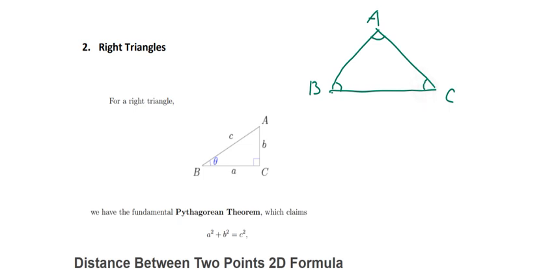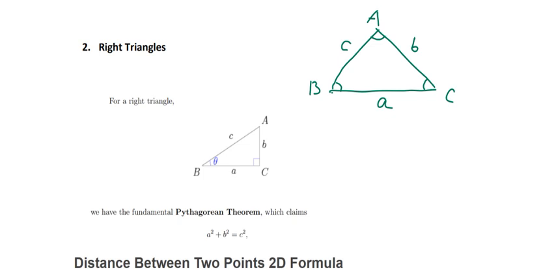And for a general triangle, we use a standard notation for labeling. We denote this side as side a, so angle A faces side a, angle B faces side b, and angle C faces side c.